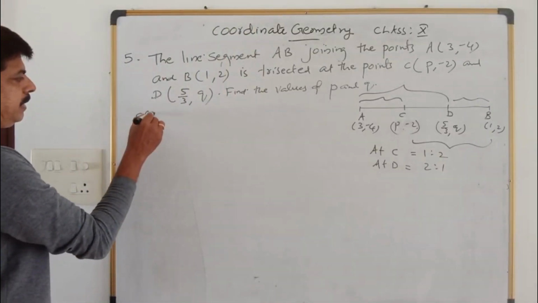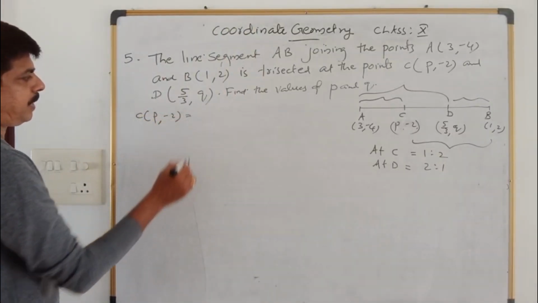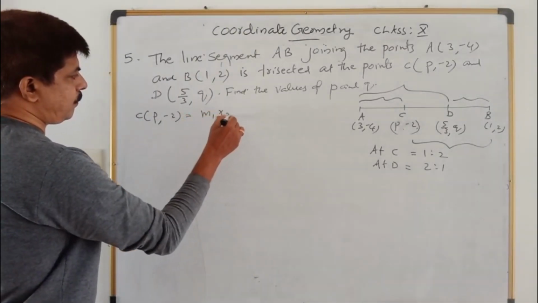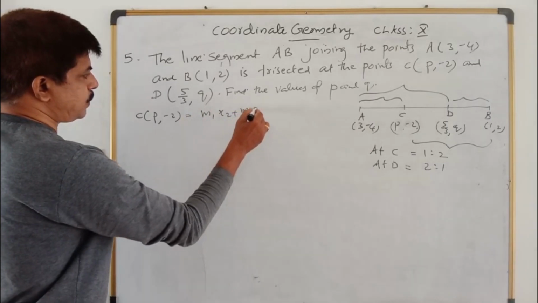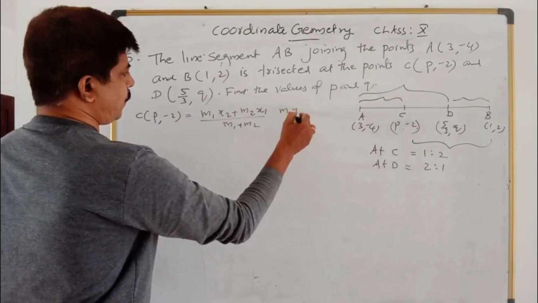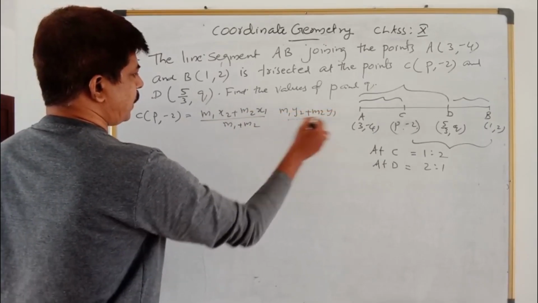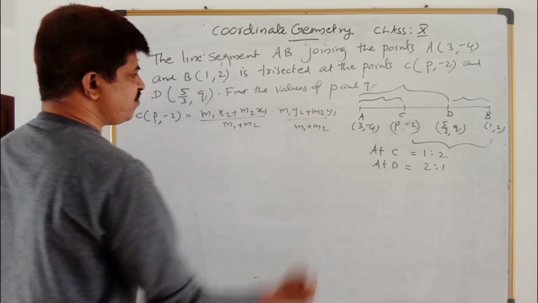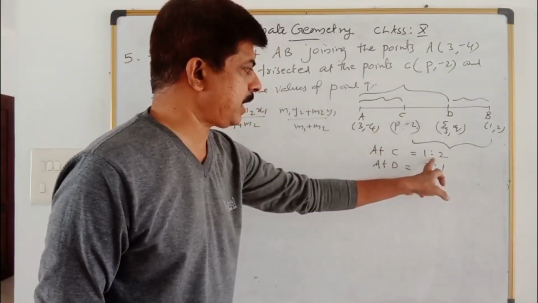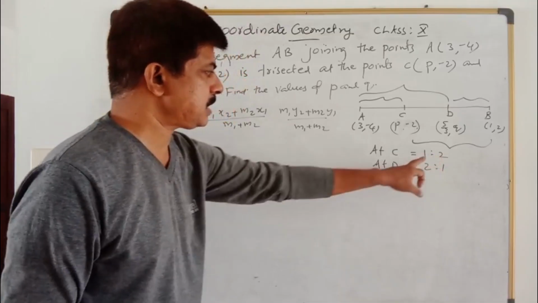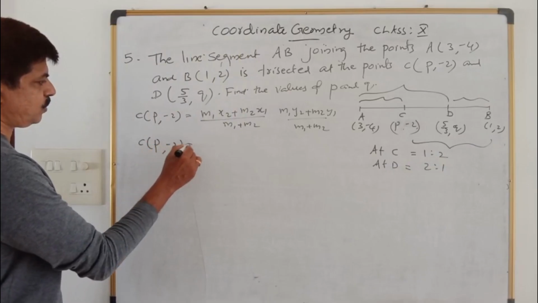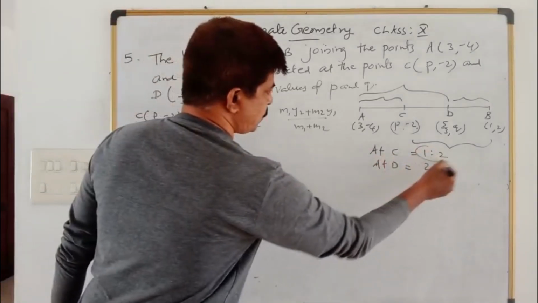At point C we have (m1 x2 plus m2 x1) by (m1 plus m2), (m1 y2 plus m2 y1) by (m1 plus m2). So we take the point C, that time the ratio is k to 1. This is m1, this is m2. So C(p, negative 2), the ratio is 1:2.